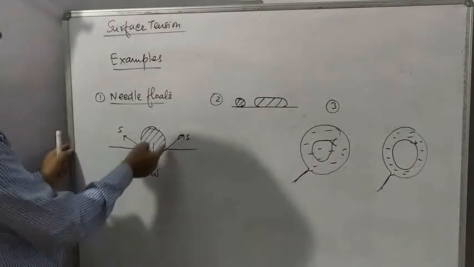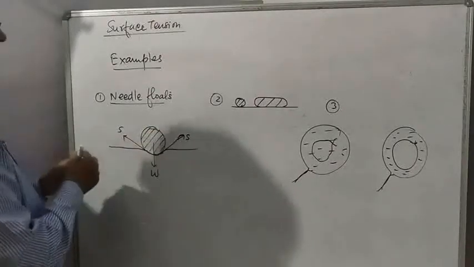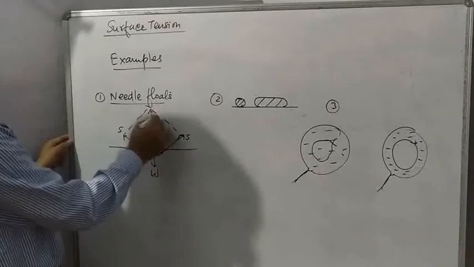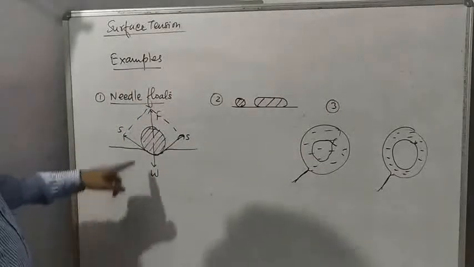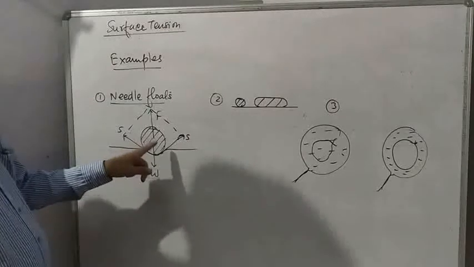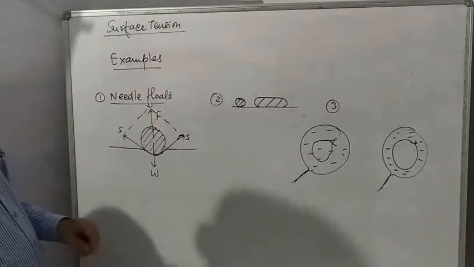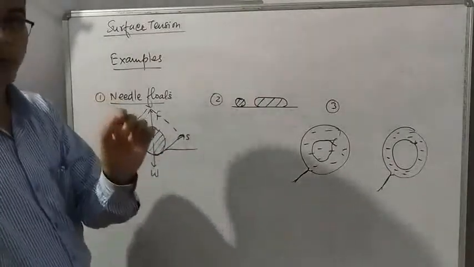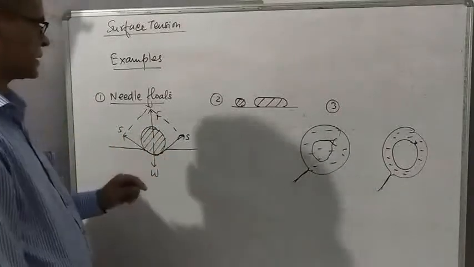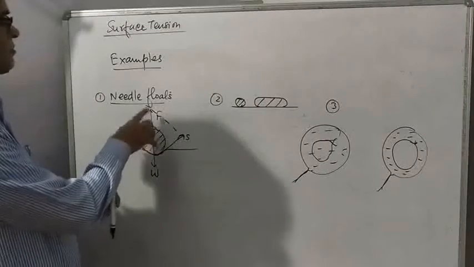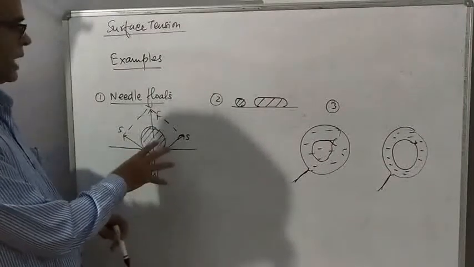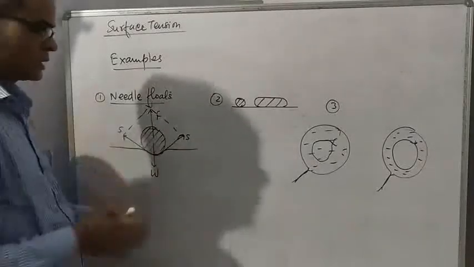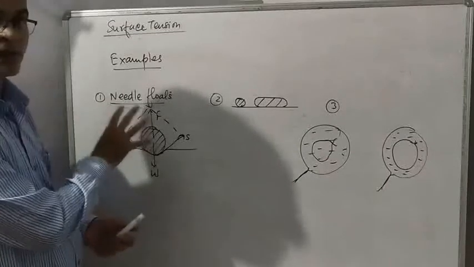Because surface tension present on water develops a resultant force upwards, while the weight of the needle tries to bring the needle down. Since the needle is a light object, its weight is quite less, so surface tension manages its weight and doesn't allow the needle to sink. So by this example we can conclude that there is some tension on the surface of a liquid.